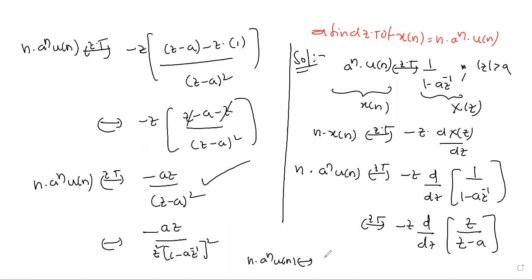So n into a power n into u of n, what is its z transform? Minus a z power minus 1 by 1 minus a z inverse whole square. In the corresponding ROC, you can observe this is a causal signal, so definitely greater than the pole, not mod z greater than 1 only, but whatever pole you will get.